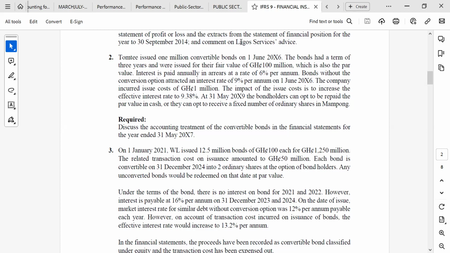Okay. So what we have is that we are receiving 100 million. This is going to be for 3 years, and this is a convertible instrument. So we now have to go and do the separation.